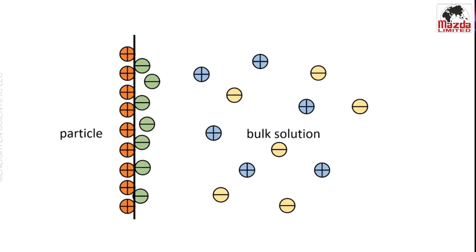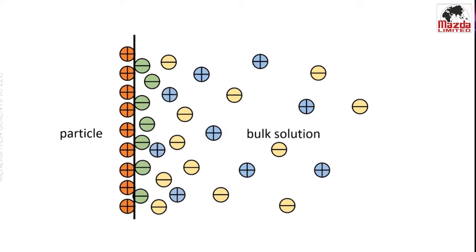With an electrolyte solution, there's a uniform distribution of anions and cations in the bulk. Near the particle, anions, shown in yellow, will be attracted towards the particle, leading to a higher concentration of anions. And similarly, repulsion of cations, shown in blue, will result in a lower concentration of cations.